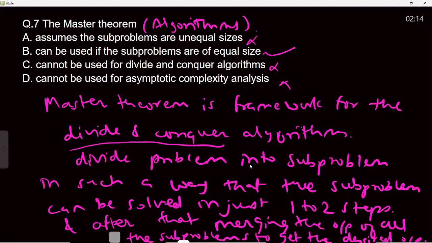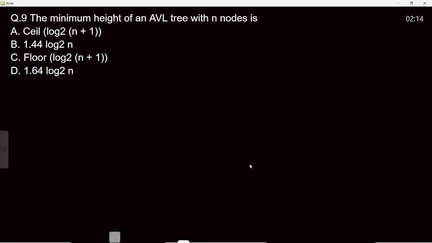Okay. Now let's move to the next question. The minimum height of an AVL tree with n nodes. So now we need to find the minimum height of the AVL tree.